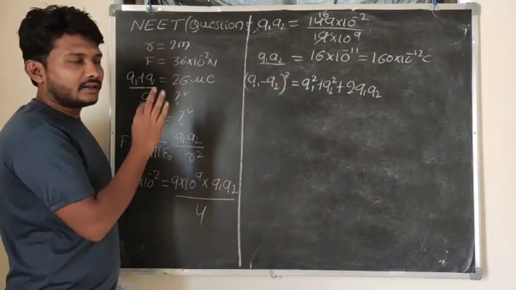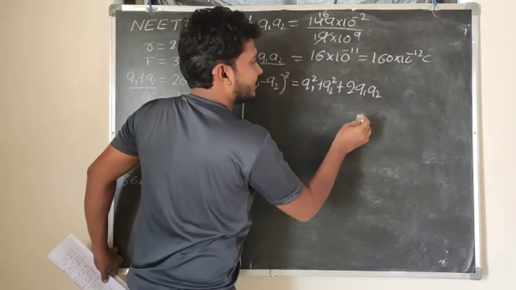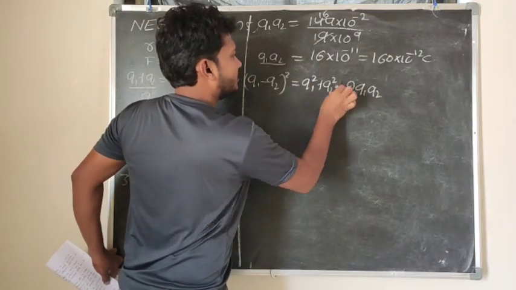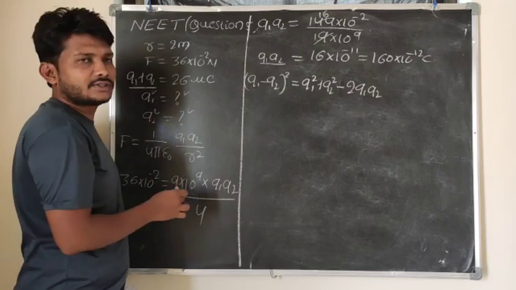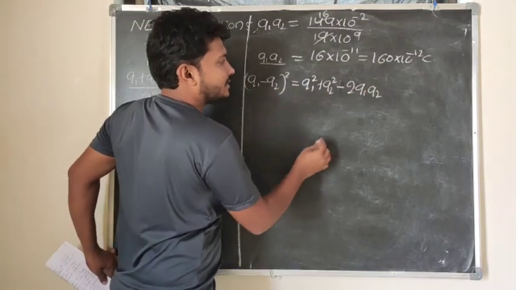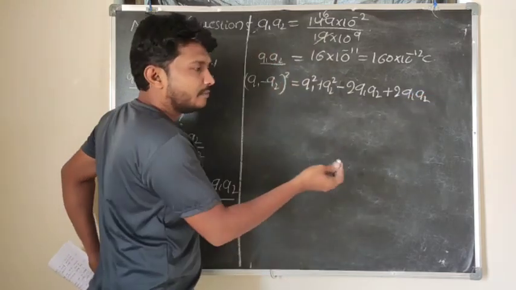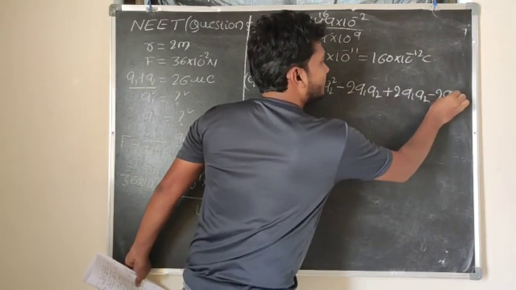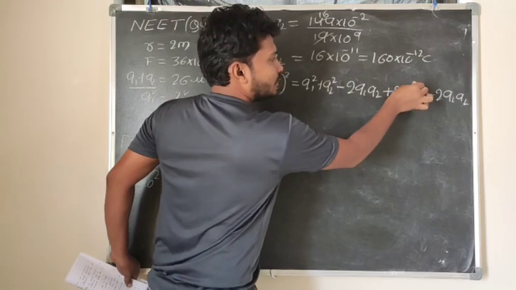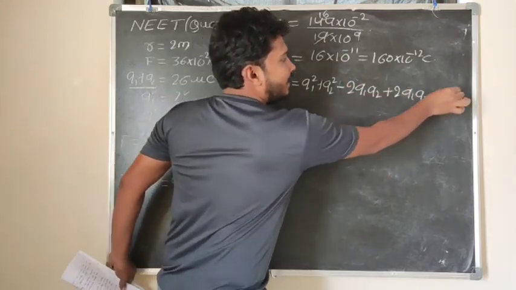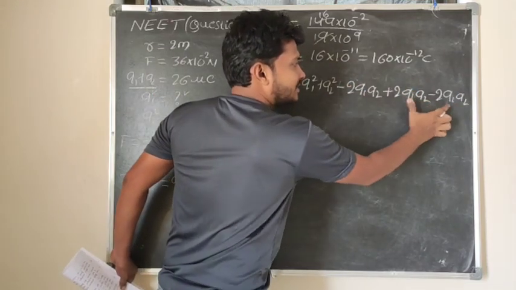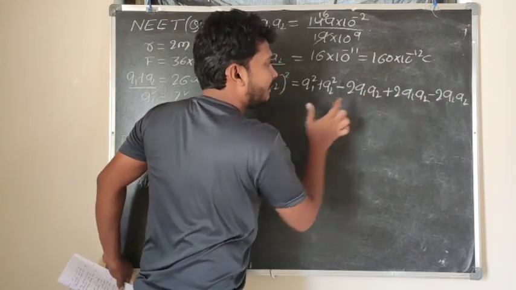For this equation I will add plus 2 Q1 into Q2 and minus 2 Q1 into Q2. These will get cancelled out, so it does not alter the main equation.